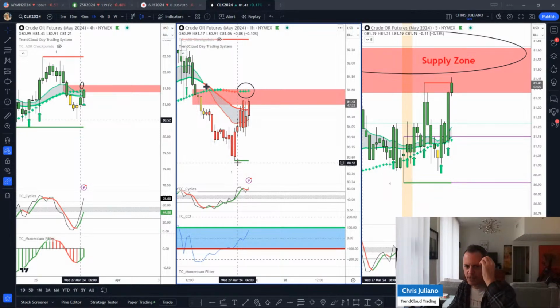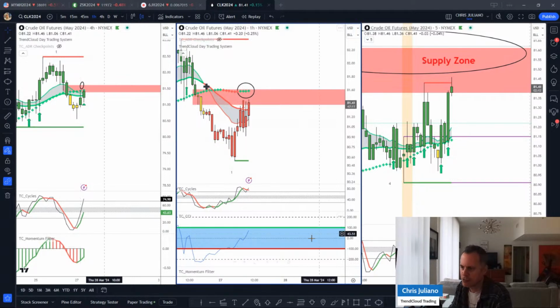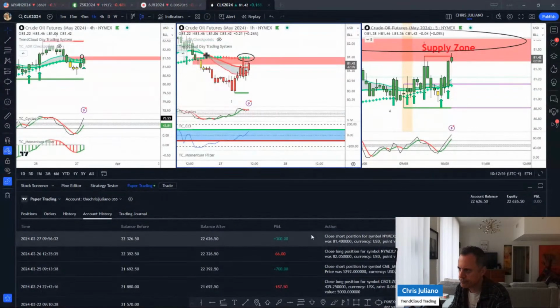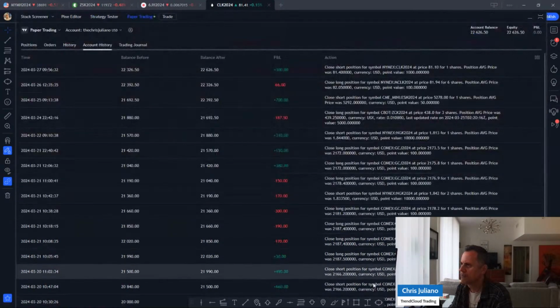But news came out and said oil was going down. You can't go by just one thing. You've got to know how to navigate through price action if you're going to be consistently profitable.